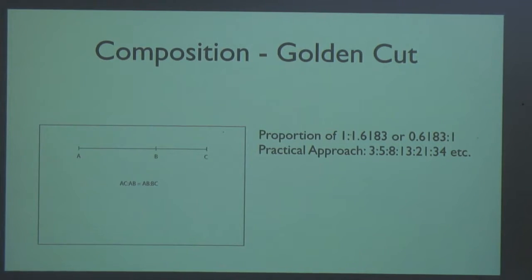And since you are all so incredibly smart, this is the proportion, and there's an easy way to remember it. 3, 5, 8, 13, 21, 34. What's the next number? That is correct. Do you understand why?